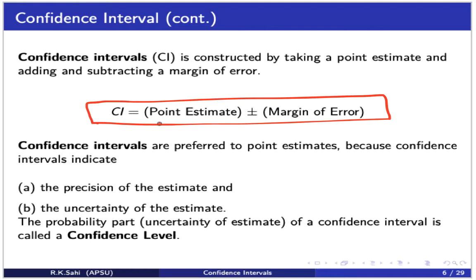This is the most important thing. Now, we prefer the confidence interval to point estimates, as it gives us the precision of the estimate as well as the uncertainty. This uncertainty is the probability part of it, and we give it a name called confidence level. What does the confidence level do?